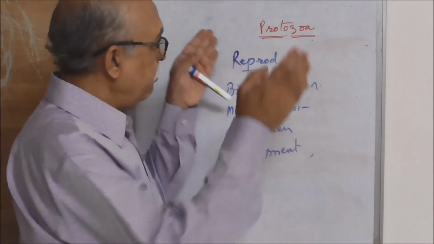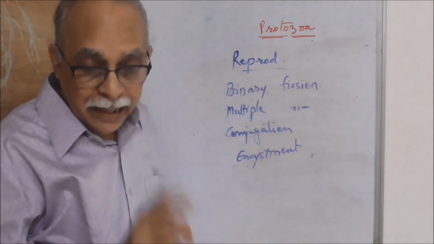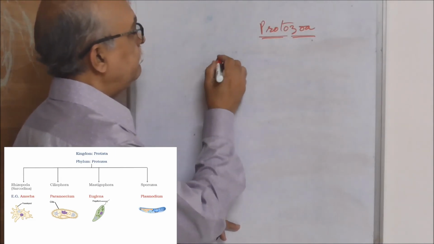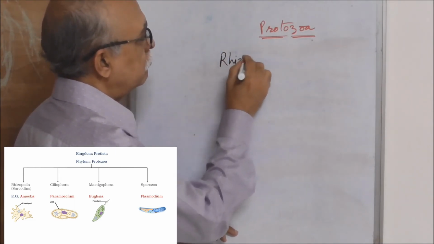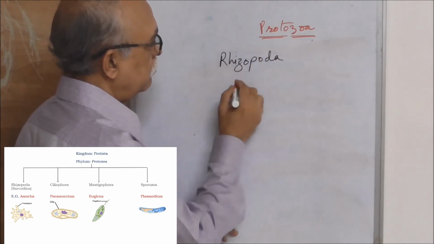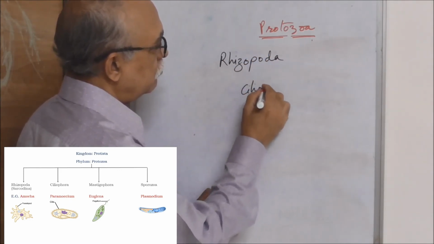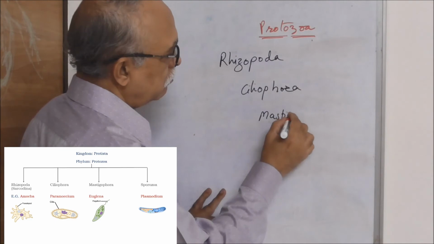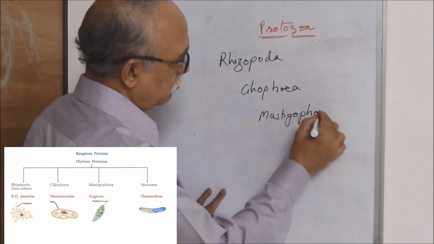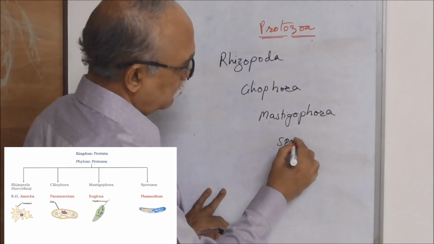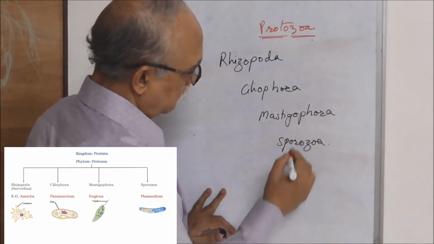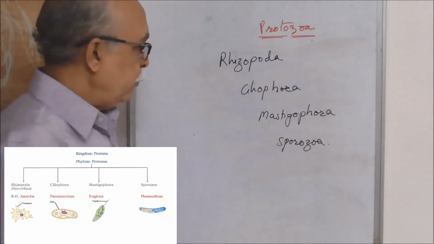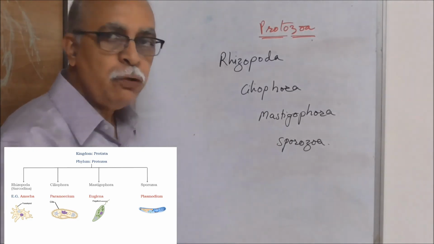This is a broad outline of what protozoa is. It is divided into 4 different classes. They are Rhizopoda, Ciliophora, Mastigophora and Sporozoa.